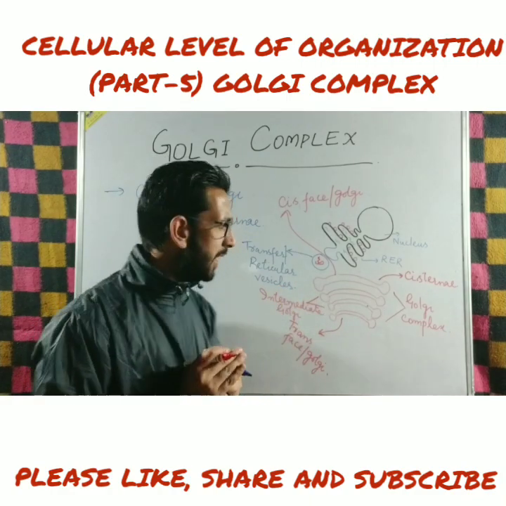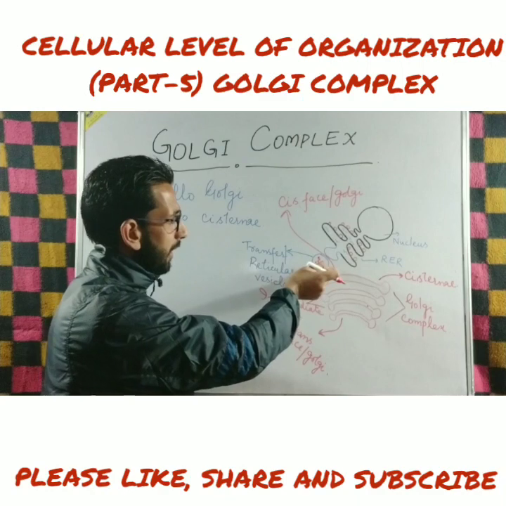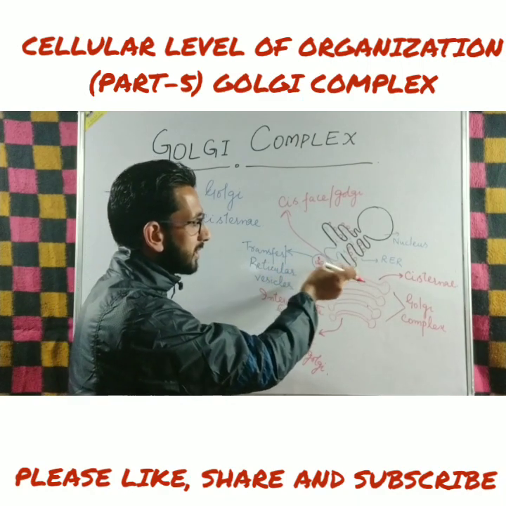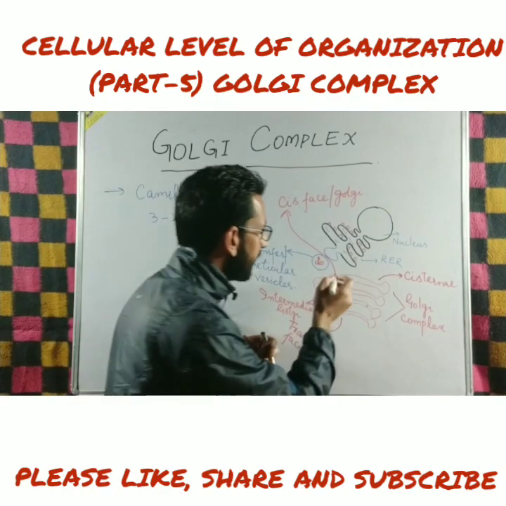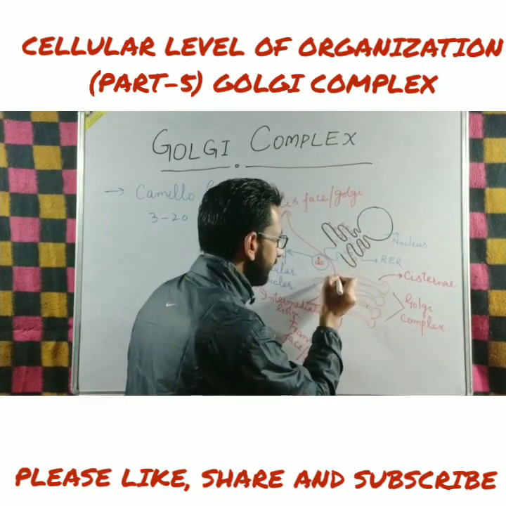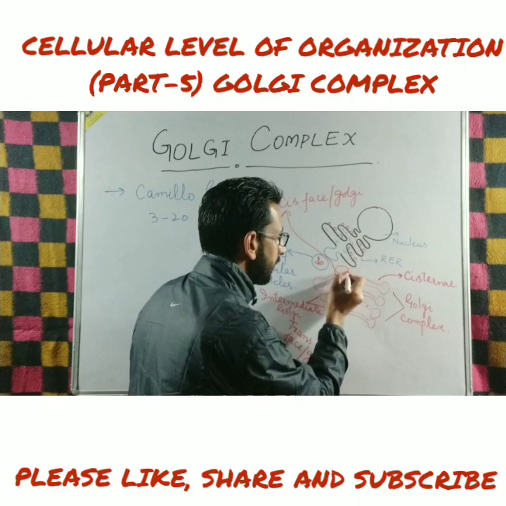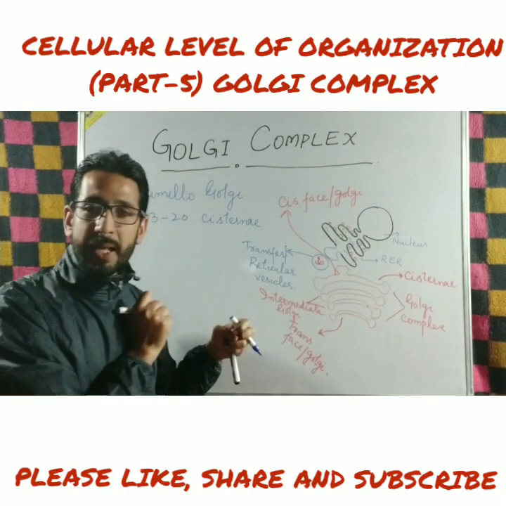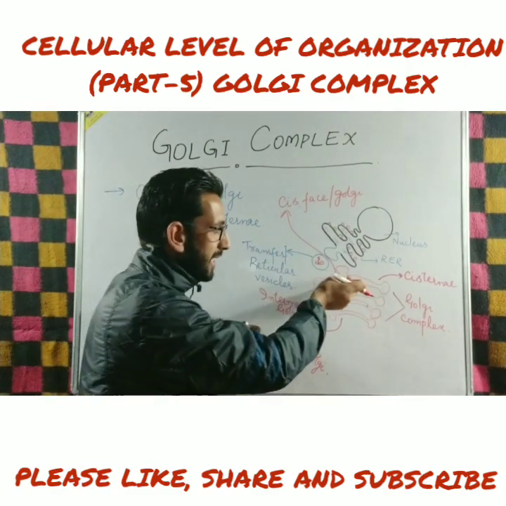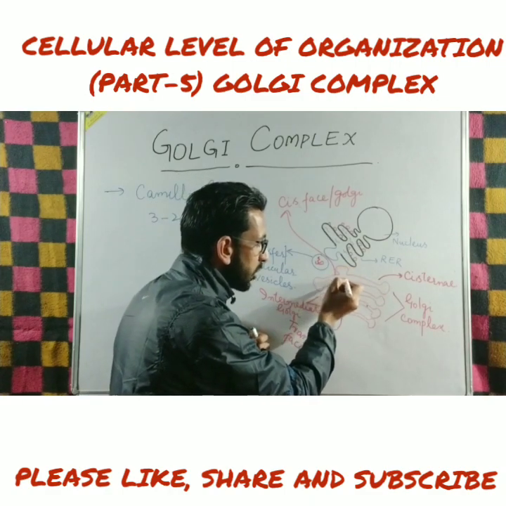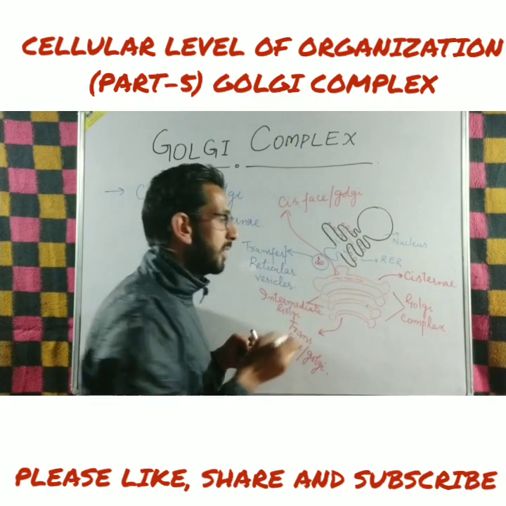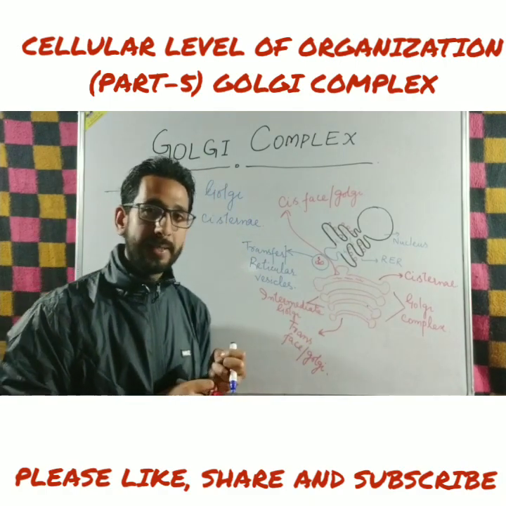Fine. Now, once these transfer vesicles come and fuse with the cis phase of the Golgi complex, say for example here, they come and fuse with the cis phase of the Golgi complex, and the proteins are sent inside the lumen of the Golgi complex. Fine.